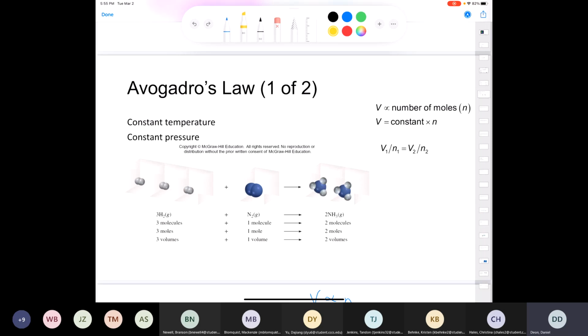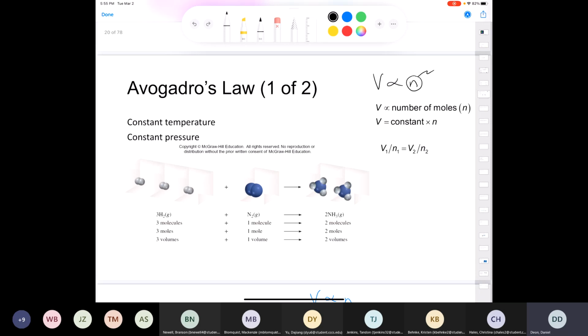Again, you see that Avogadro's law is that volume is directly proportional to the number of moles of gas, or number of particles of gas. Notice that the identity of the gas is not specified.